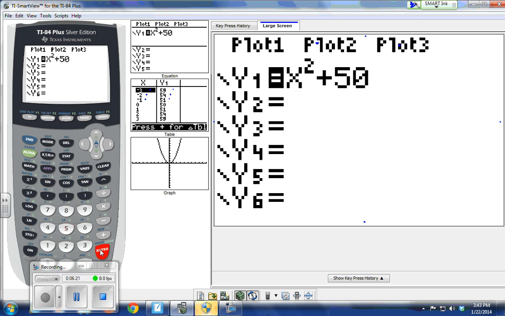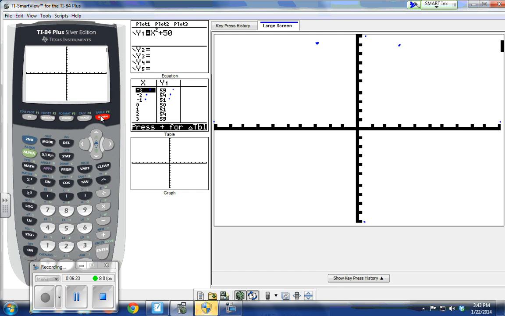And then we graph. Okay. We don't see our graph. If you look at the table of values, you can see when x is 0, y should be 50. Remember, with our standard viewing window, y only goes up to 10. So we need to change our y max to something bigger than 50.